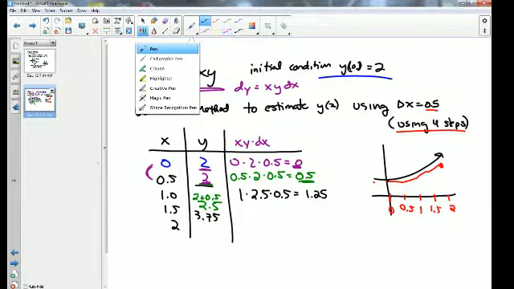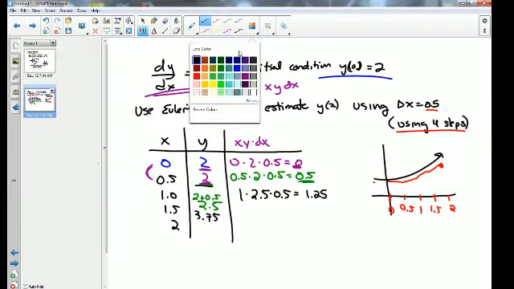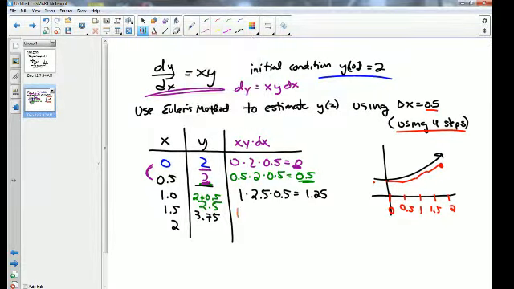Let's go with orange. So 1.5 times 3.75 times 0.5. Do that one in your head. Approximately 6.56.